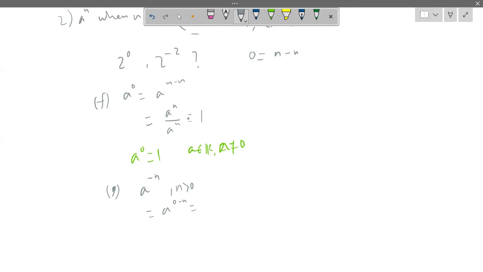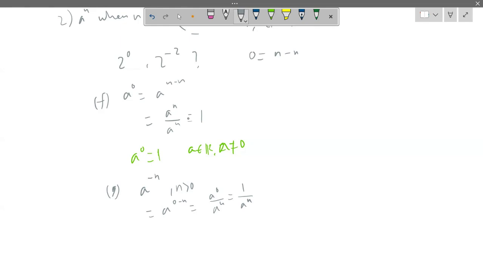Again, using the ratio of two exponents, we get a to the power of 0 over a to the power of n. And a to the power of 0 is equal to 1, while a to the power of n is just that. So what this means is an inversion formula. If you have a to the power of a negative integer, it is equal to 1 over a to the power of the positive value.